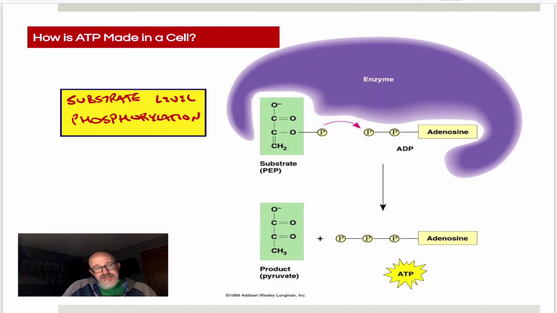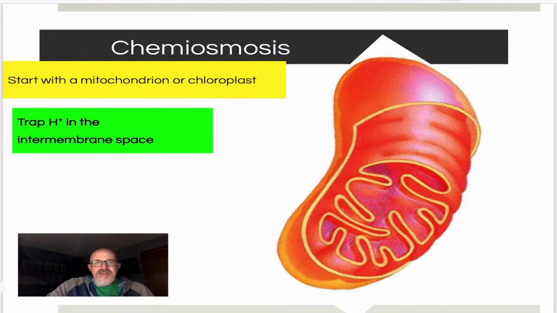It doesn't make a lot of ATP. It doesn't have a way of making massive amounts for each one. It can just make that single ATP, but this can then be used to continue this process, right? So we're going to get into this whole idea of cellular respiration and how more is made. But substrate level phosphorylation is one way that it's made. The other way that it's made is this idea called chemiosmosis, all right?